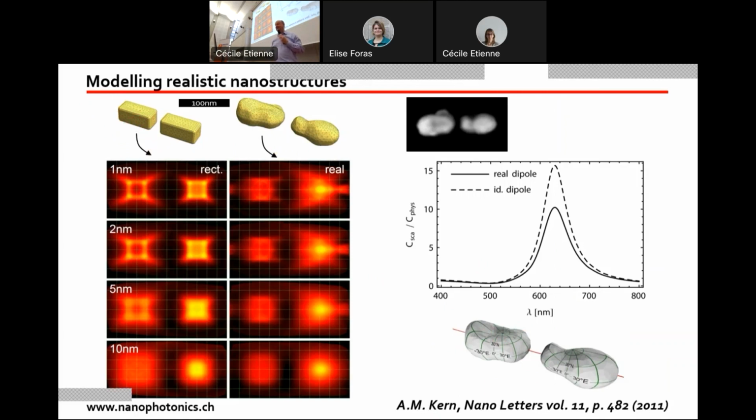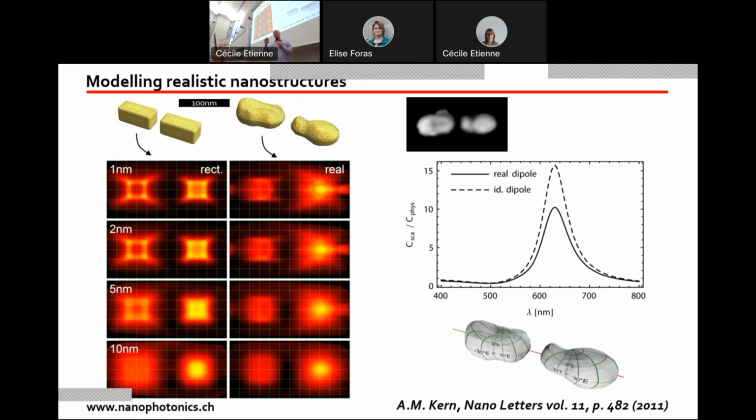If you do that for this arm here and you unfold the field intensity, you end up with this type of field distribution. Here, these 4 corners, you see them here, very prominent, and these points here correspond to the further away. This is for the perfect structure, and this is for the realistic structure. You see the realistic structure is very different.